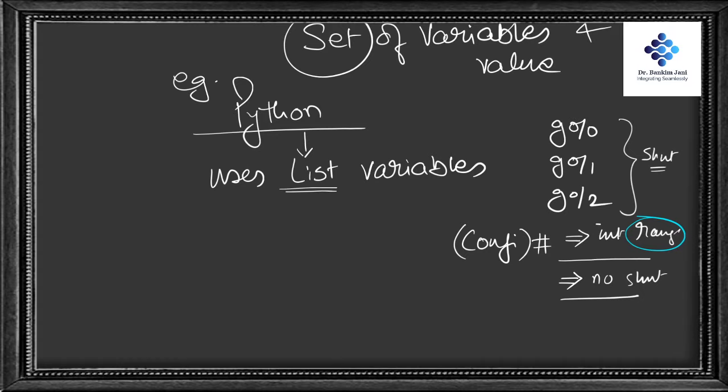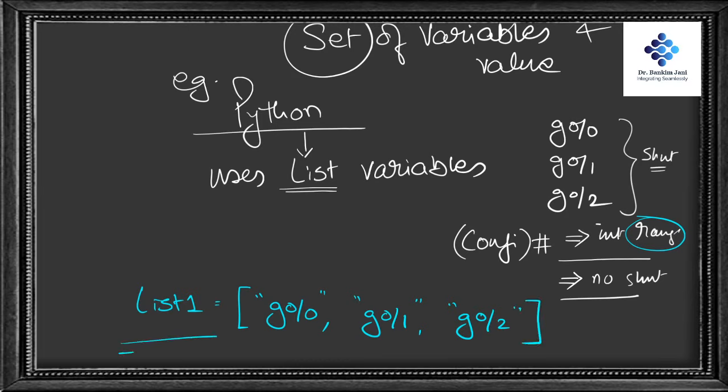So over here things would be a bit different. You have to give some name to that list, so you can call it list 1, and then you have to define who will be the members of that list, something like gig 0/0, gig 0/1 and gig 0/2, that way.